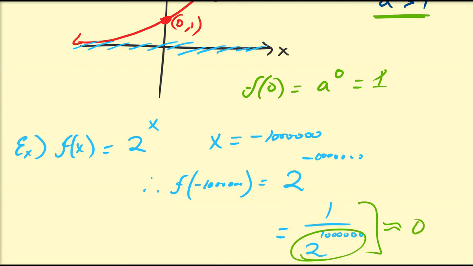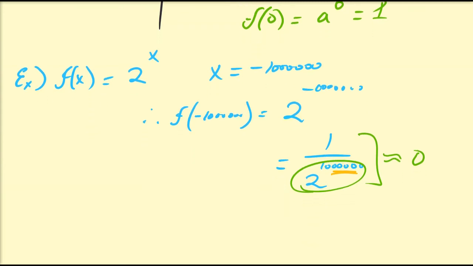But no matter what this finite value is, this quotient is still going to be greater than 0, but really, really close to it, the larger in magnitude it becomes. So usually what people say is that the limit as x goes to minus infinity of a to the x is equal to 0.